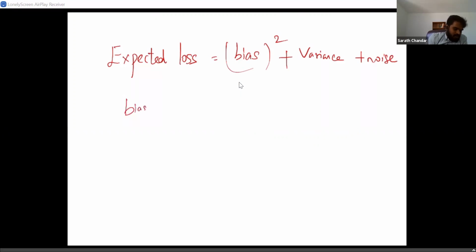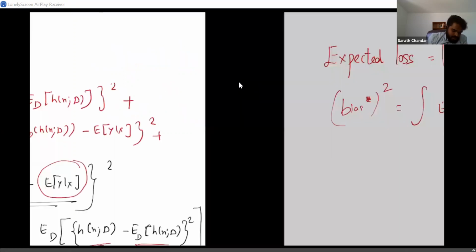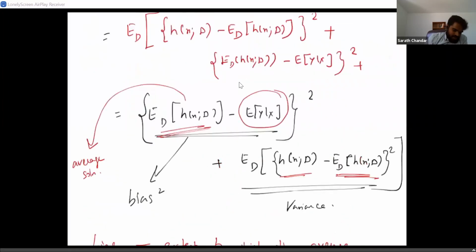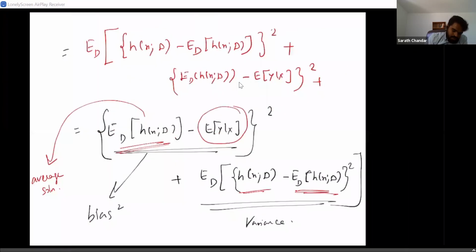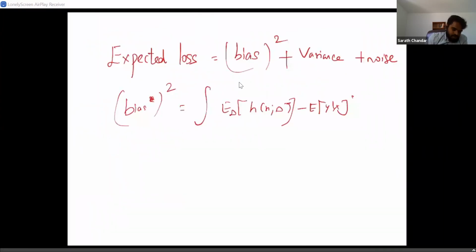The bias square is given by the integral of expected h of x, D minus e of y given x, the whole square, p of x dx.